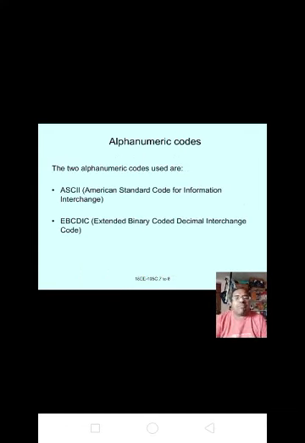Next, the two alphanumeric codes used are ASCII and EBCDIC. ASCII is American Standard Code for Information Interchange. EBCDIC is Extended Binary Coded Decimal Interchange Code.